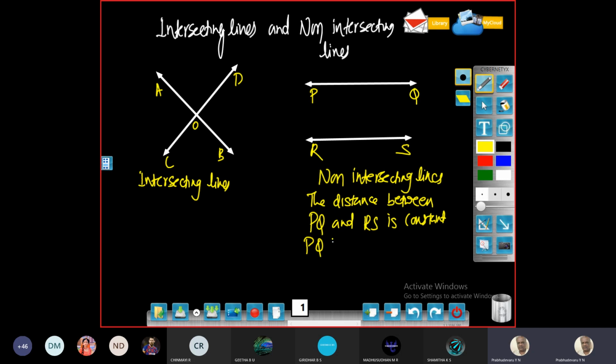Therefore, PQ is parallel to RS. On the plane you can write only two types of lines: one is parallel, the other is non-parallel; one is non-intersecting, the other is intersecting.